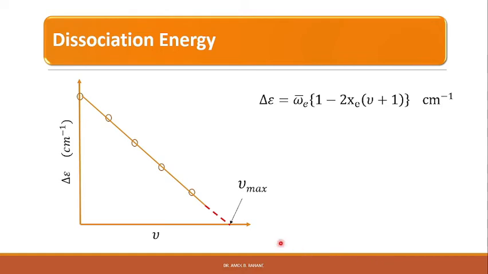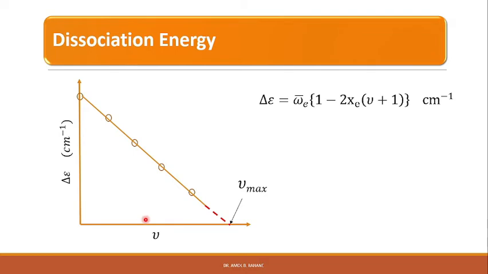Also, since the dissociation energy is simply the sum of all the increments, that means delta E from nu equal to 0 to nu equal to nu max, where delta E is the separation between different nu levels. If we count the separations from nu equal to 0 to 1, plus 1 to 2, plus 2 to 3, up to nu max, all these separations will give the dissociation energy.